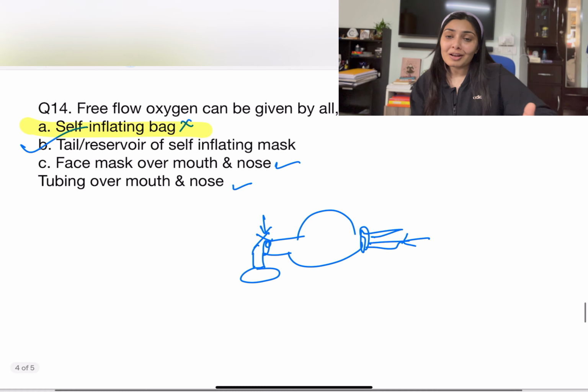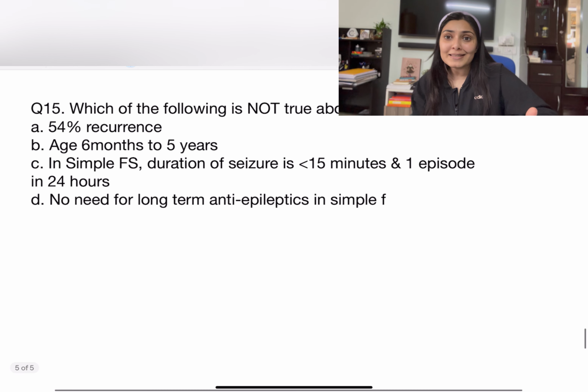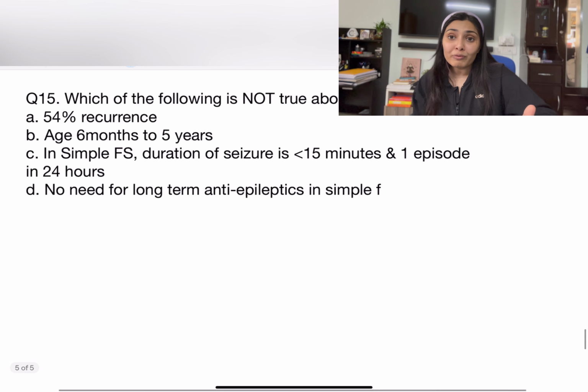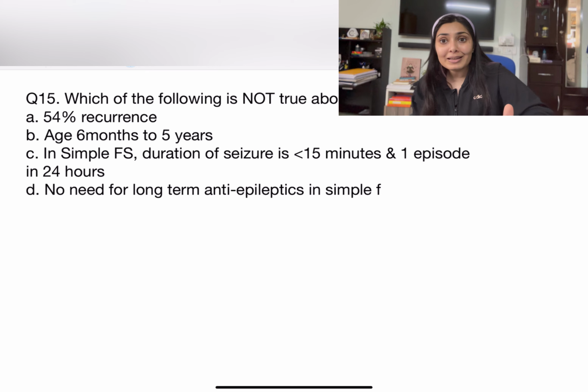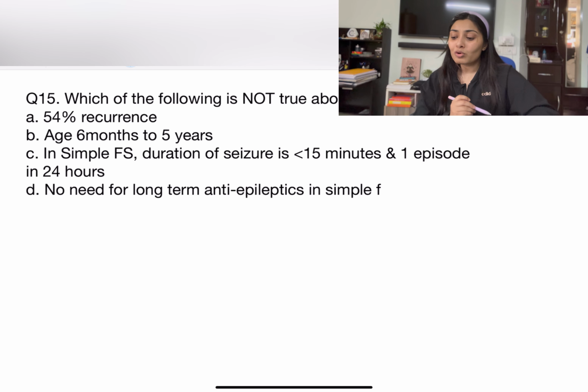Febrile seizure, another favorite question of both INICET as well as NEET PG people. So overall, this was a very frequently asked questions paper, previous year topics, previous year questions. You just need to go through the previous year questions, and I believe more than 90% of the questions are good to go, right? So they are asking what is not true about febrile seizure. The first option is 54% recurrence rate, which is not true.